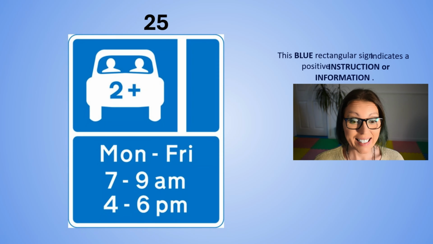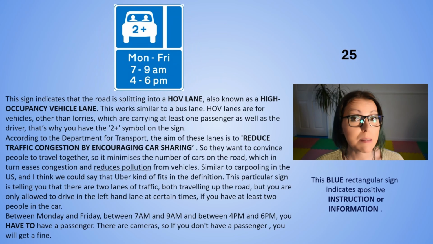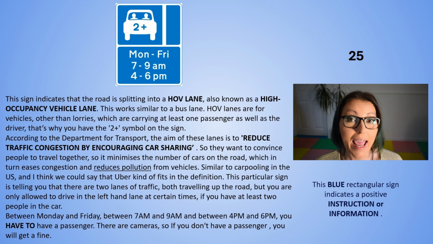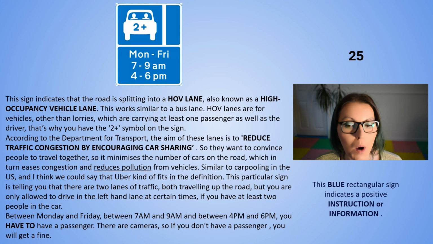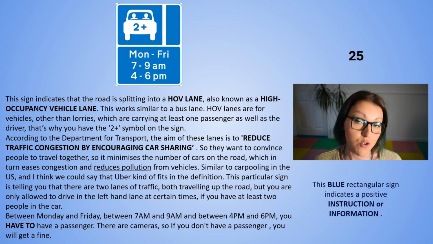This sign indicates that the road is splitting into an HOV lane, also known as high occupancy vehicle lane. This kind of works similar to a bus lane. So HOV lanes are for vehicles other than lorries which are carrying at least one passenger as well as the driver. That's why you have the 2+ symbol on the sign.